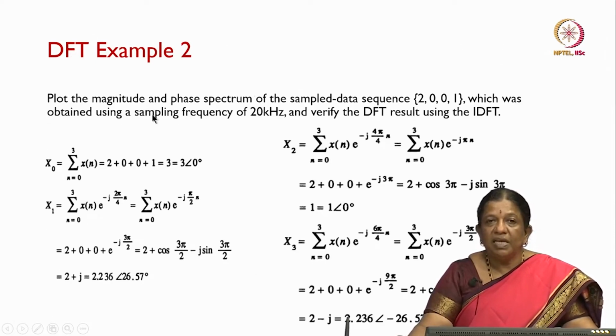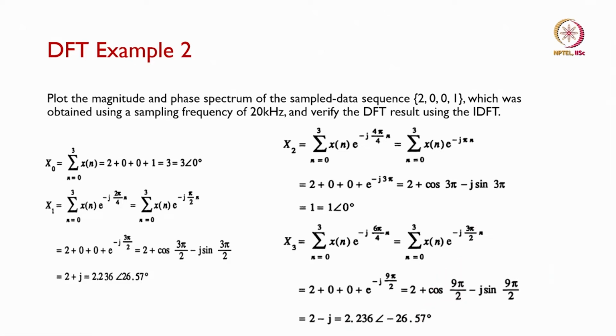Then we will take up a simple example to see how we compute the DFT. We have to plot the magnitude and phase spectrum of the sample data sequence, which is just 2, 0, 0, 1, a 4-point DFT that we have to calculate.